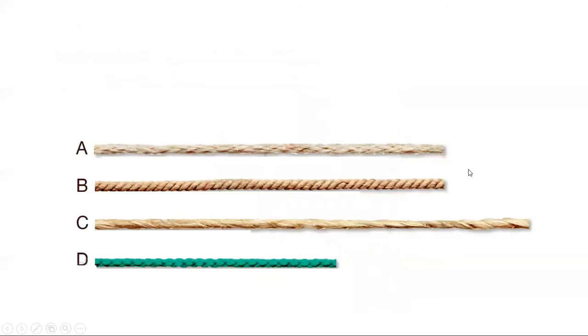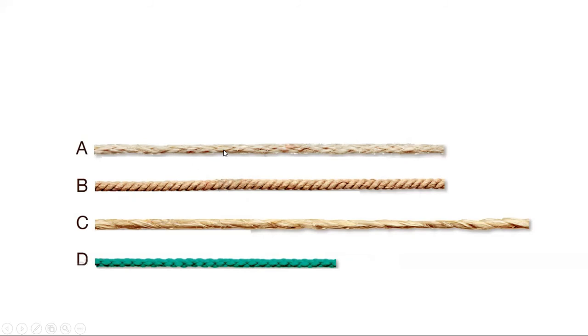Okay, sometimes we may be comparing the length and we find that the two things have got the same length. For example, look at rope A and rope B. You see that rope A and rope B, they are equal.